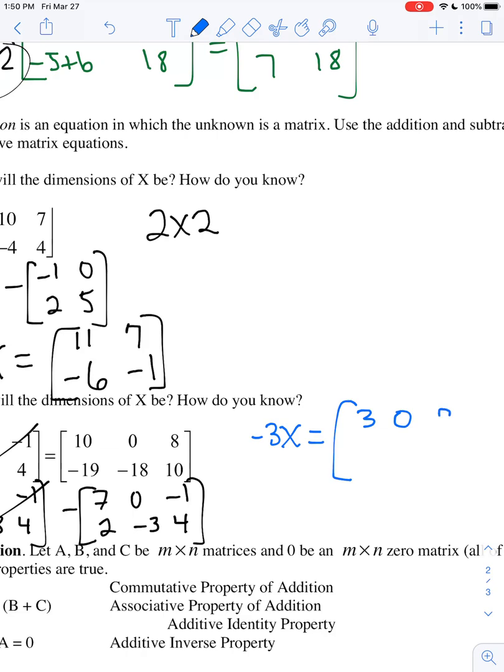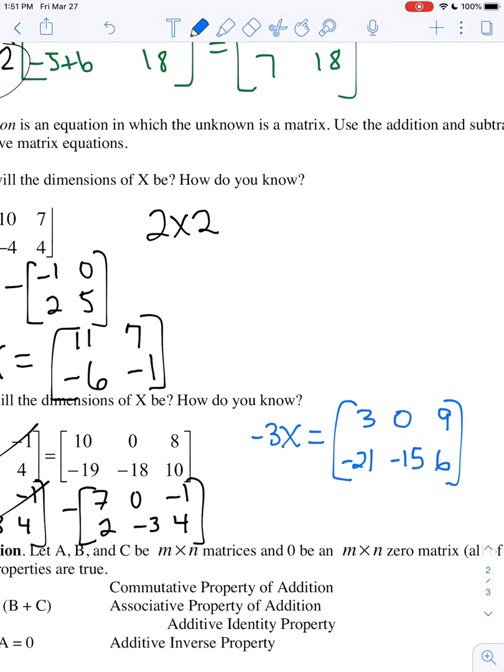And then I did 8 minus negative 1, which is 9. Then I have negative 19 minus 2 is negative 21. Negative 18 minus negative 3 is negative 15. Then 10 minus 4 is 6.